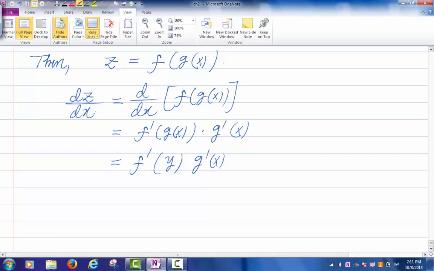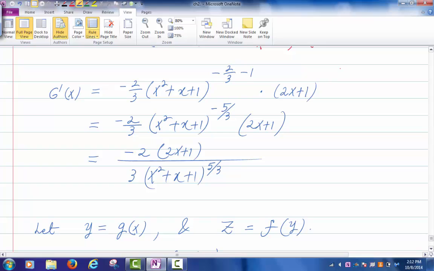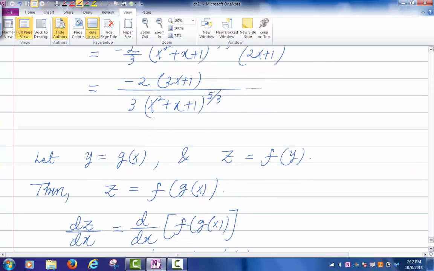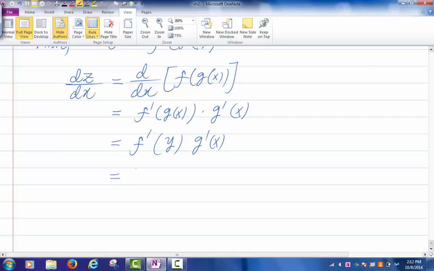And what is f prime of y? I can write f prime of y as dz dy, right? Another notation for that would be dz dy. And what would be a notation for g prime of x? dy dx, right? dy dx represents g prime of x. So if I write that, I get dz dy here, and then dy dx here.